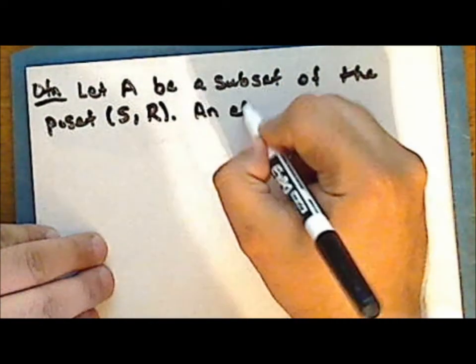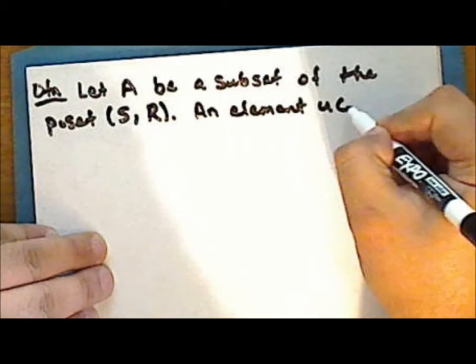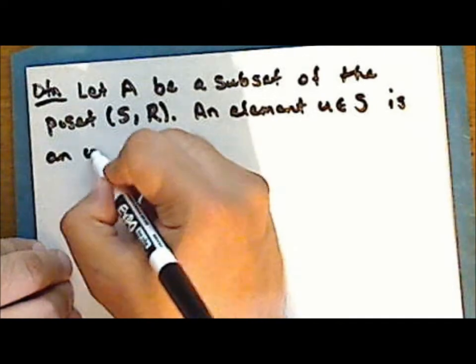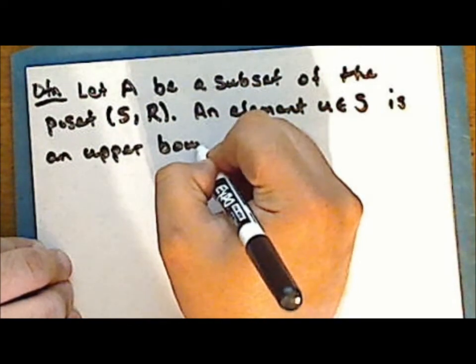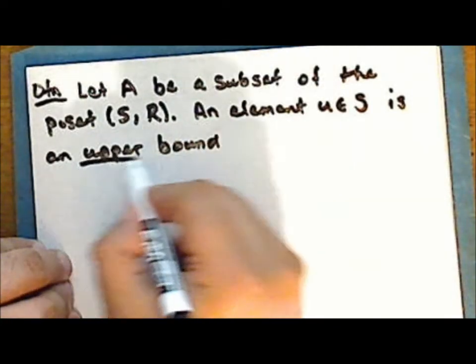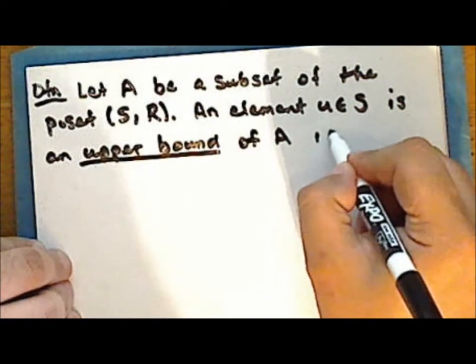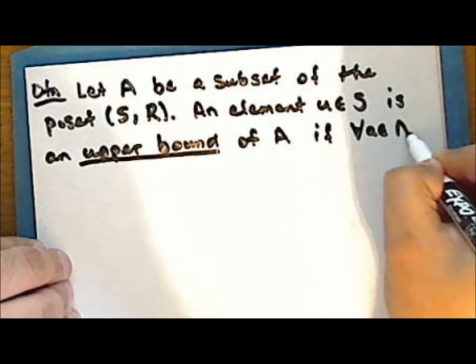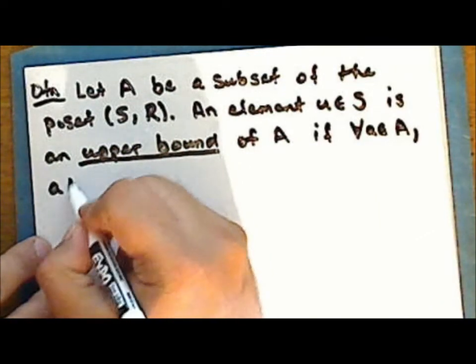An element U in the set S is an upper bound of the subset A if for every element a in the set A we have that a is related to U.